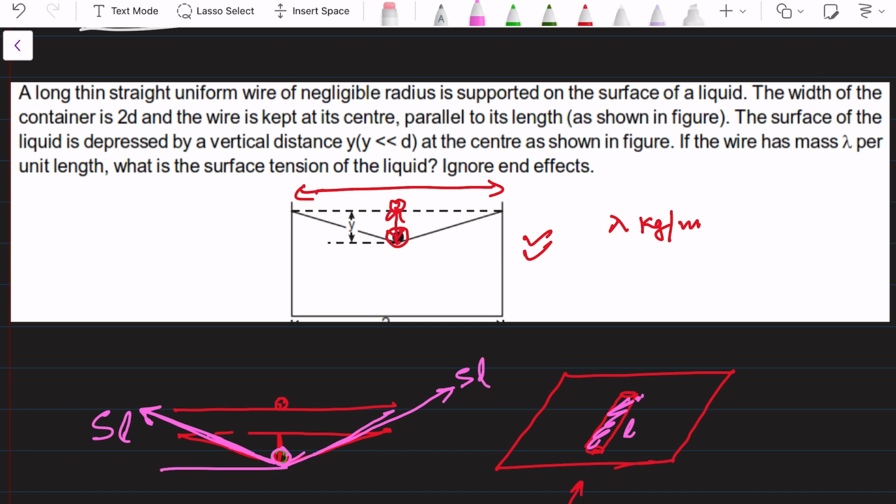Say this angle is theta, then the vertical force will come out to be 2SL sin theta component. SL sin theta, SL sin theta, total comes to this. And this has to be balanced by mg, that is lambda L into g.